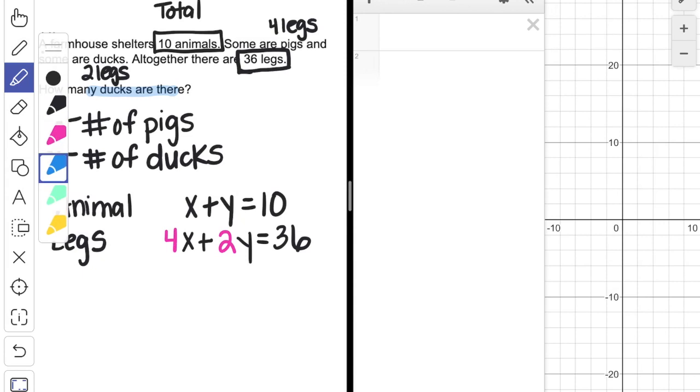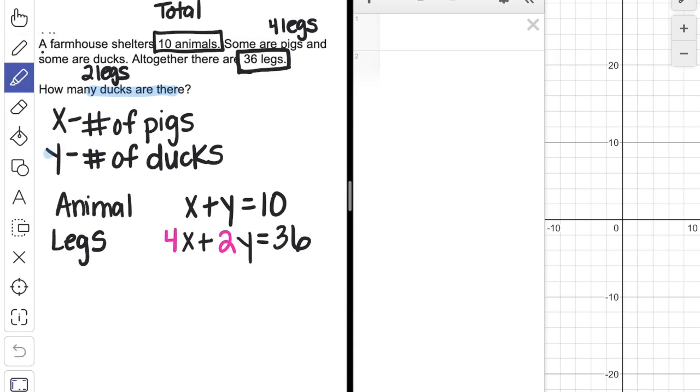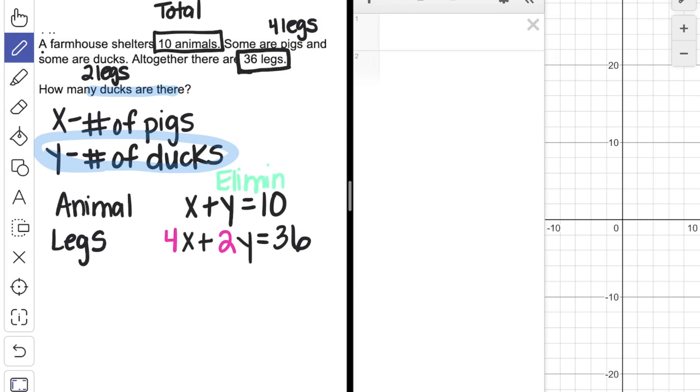So if I'm solving for ducks, I want to make sure that I'm solving for the variable that is ducks. So we are actually going to be solving for y here. That is going to be my variable that I want to solve for. So if I want to solve for ducks, then I want to eliminate y. Or excuse me, I want to eliminate x because I'm solving for ducks. I want to eliminate pigs. So we're going to eliminate x here.